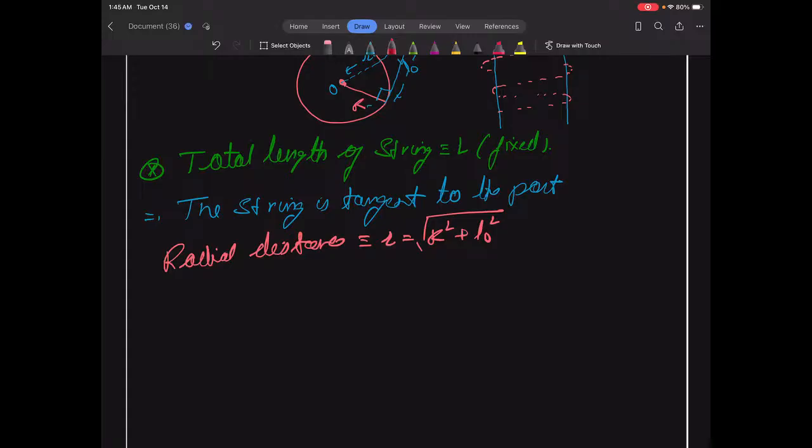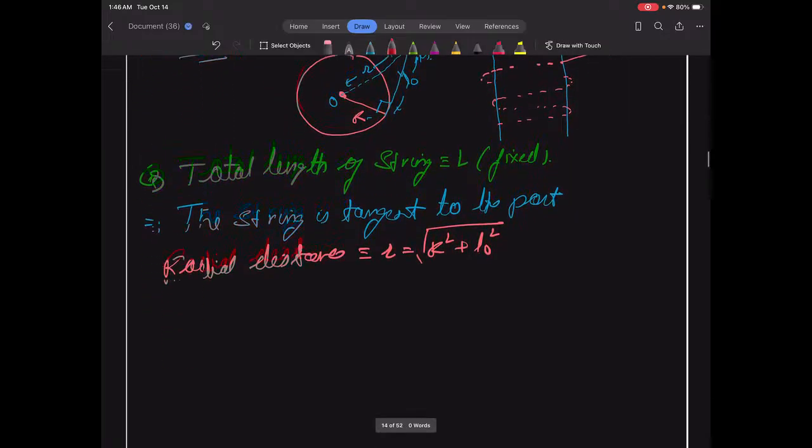And as the mass is going to orbit, the string is going to wrap. Okay. And so we can find out the wrapped arc length. Suppose the string is wrapping around the post at an angle of theta. Okay, because it is going to wrap.